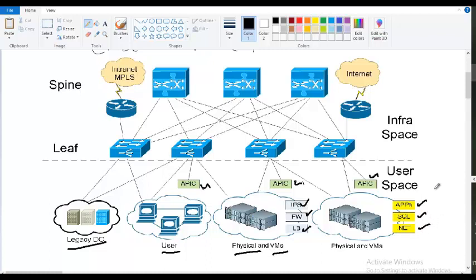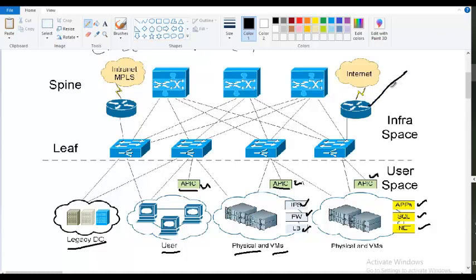And so these controllers are connected to the same place where the end devices are connected, the user space. But APIC and the user space, they are not the same. APIC is a controller. The users are the ones who are going to use this ACI fabric. Now, if any user wants to go to the internet, they go out this way.